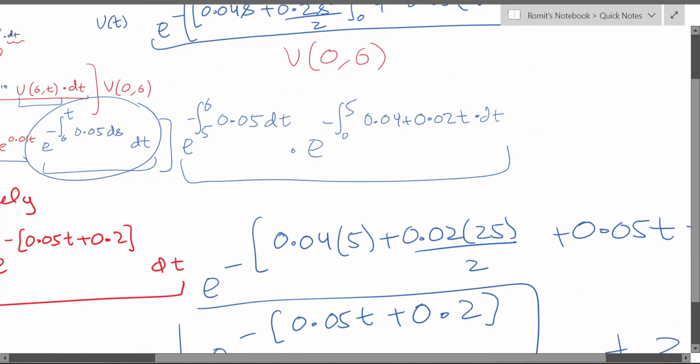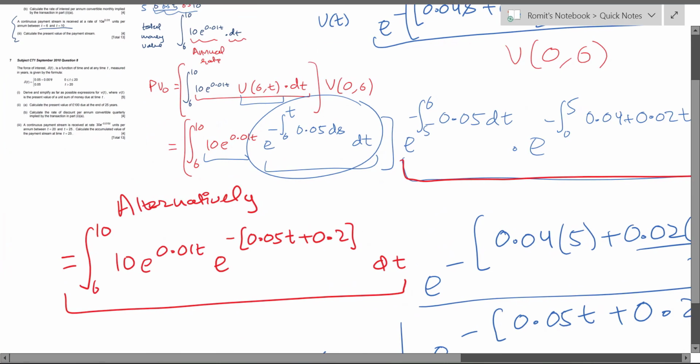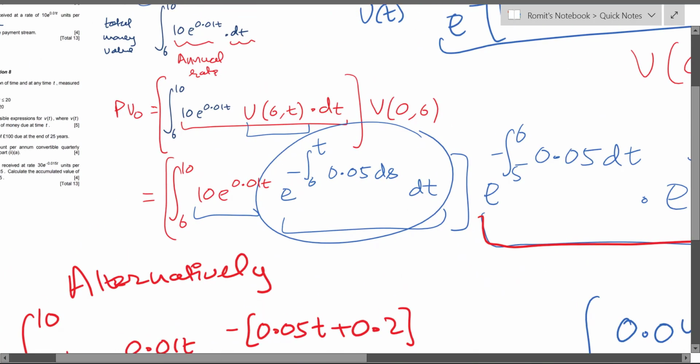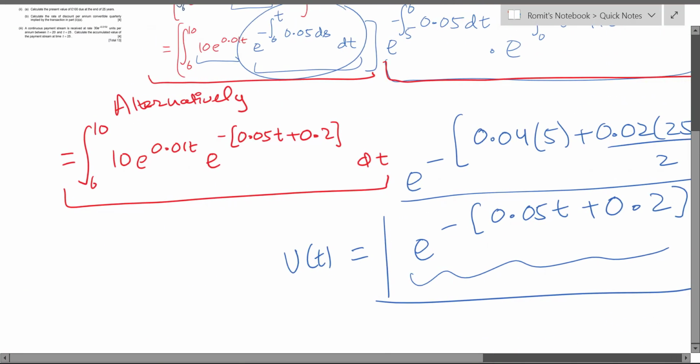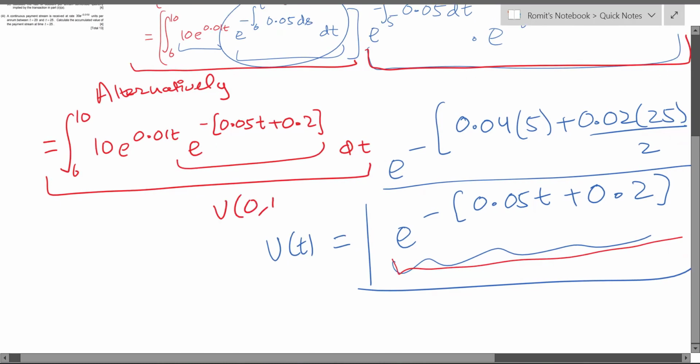You do not even need to use this whole extra thing, right. So, here what you were doing is you were taking it to time 6 first and then you were taking it to time 0. Here you are directly taking it to time 0 by leveraging what you have already derived in part 1. And mind you, here this discount factor is V0 comma t, okay.